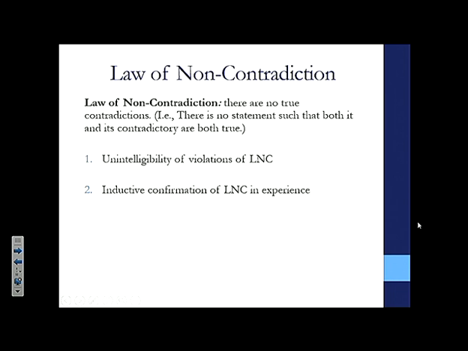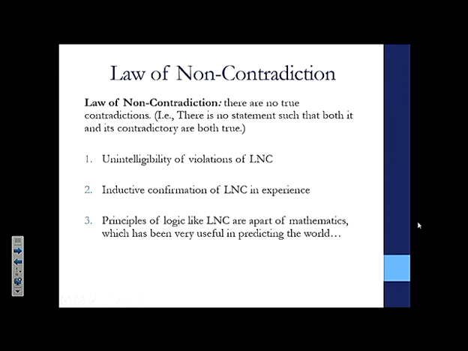You never open up your cupboard and see sugar and simultaneously see that there is no sugar. You don't discover one day that someone likes you and that they simultaneously don't like you, when you're using the term like in the same sense. Someone might like you in one respect and not like you in another respect, but that's not a contradiction. That's just using the term like in two different ways.